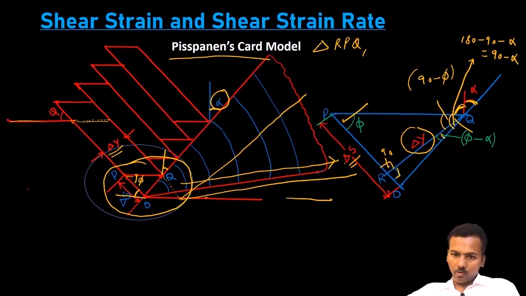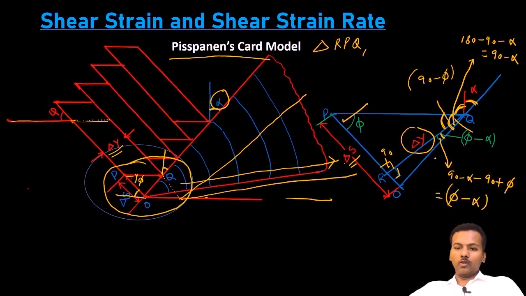So the total angle is 90 minus alpha, this angle is 90 minus phi, so this much will be 90 minus alpha minus (90 minus phi), that means plus phi. So it will be phi minus alpha. So this angle is phi minus alpha, and this is phi.